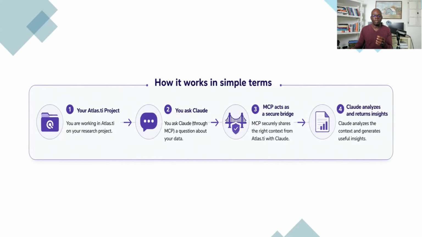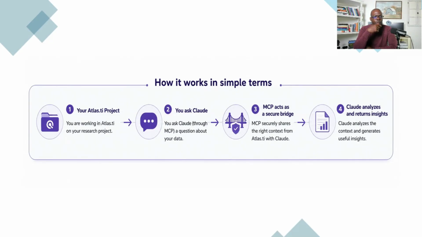Why do you need this? I think it's a secure way of using AI to help you make sense of your data, right? The AI will just securely communicate with Atlas.ti through MCP so that you can get information from there. So it makes the data analysis faster.